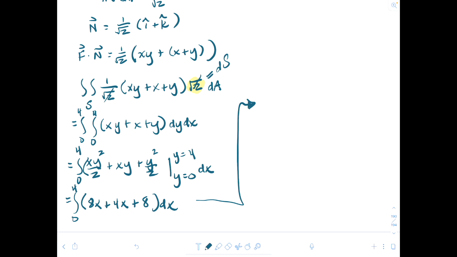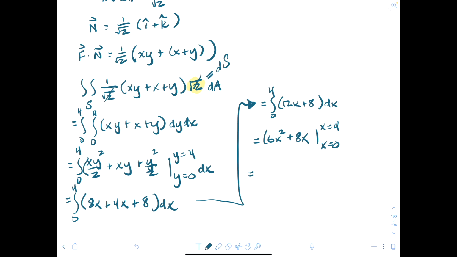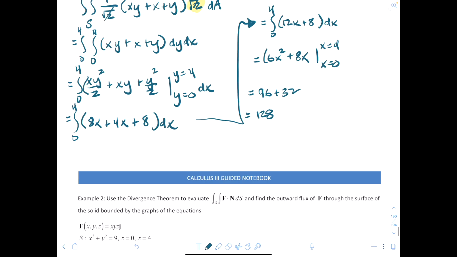That will end up being equal to the integral from 0 to 4 of 12x plus 8 dx, which will be 6x squared plus 8x, going from x is 0 to x is 4, which will give us 96 plus 32, which is 128.